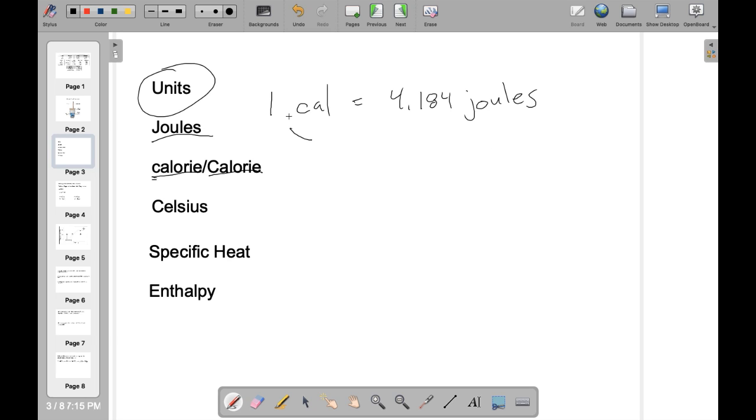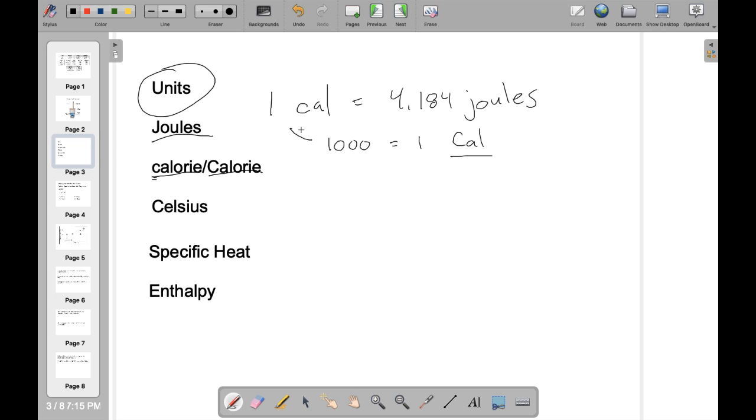Now, if we take 1,000 of these small calories, they are equal to one large calorie. This large calorie is the type of calorie that you would see on food packaging. Now, what does this really mean? How much energy is this really?